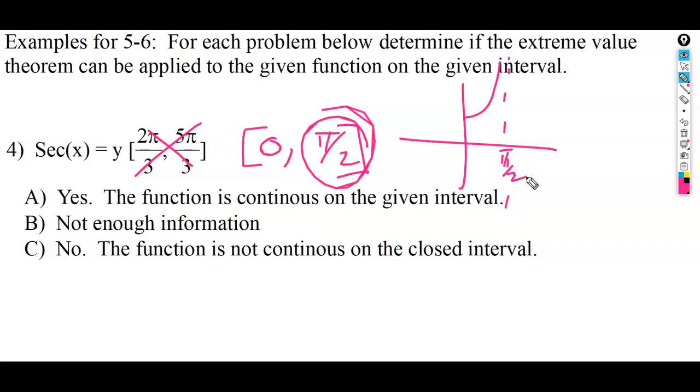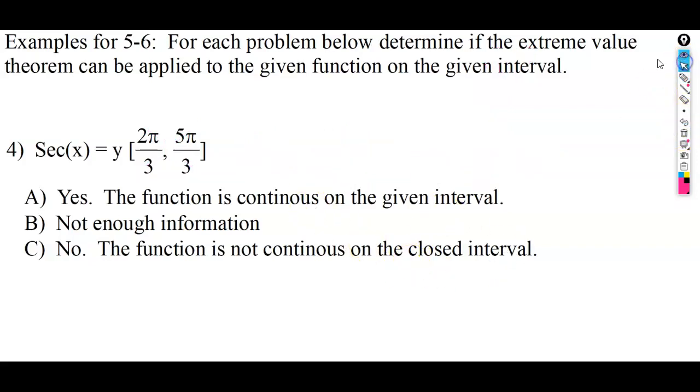So if we're going from 0 to pi over 2, that's not even possible. You can't reach pi over 2 with a vertical asymptote. So this doesn't even make sense. A better way to think about it would be to say, okay, it's an open interval. But then the EBT still doesn't apply because EBT has to be on a closed interval. So endpoints do matter with EBT.